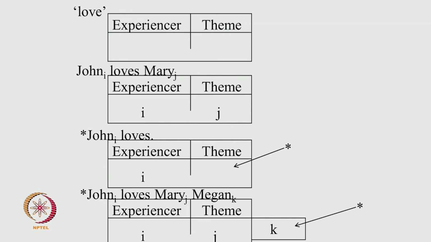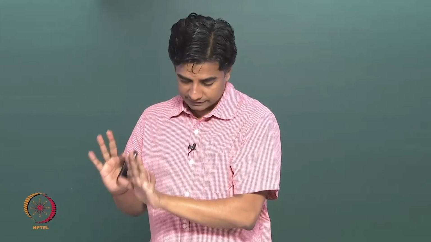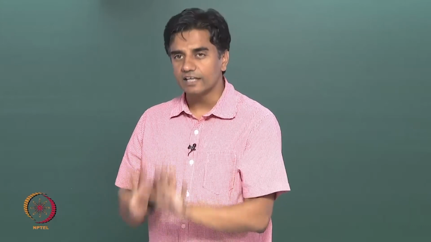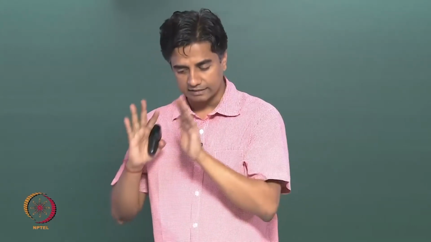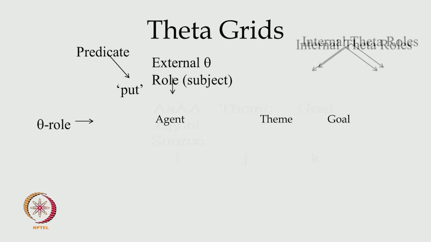See, again, with these grids, I am only trying to tell you that these relations at the semantic level do have something to do with grammaticality of a sentence. Therefore, not complete autonomy. All right? Anyway, these are the same things that you can look at in the book.